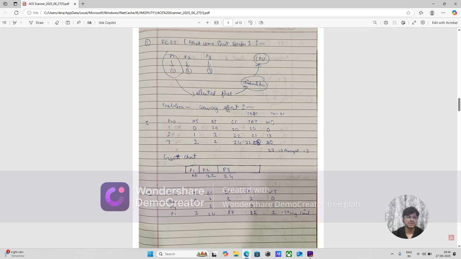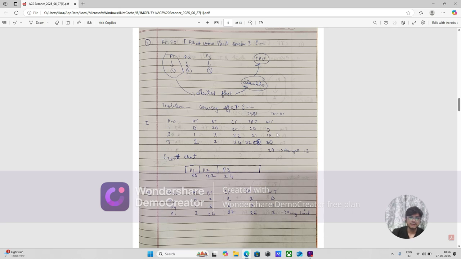Now we calculate waiting time, which is turnaround time minus BT. 20 minus 20 equals 0, 21 minus 2 is 19, and 22 minus 2 is 20. The average waiting time we get is 13.